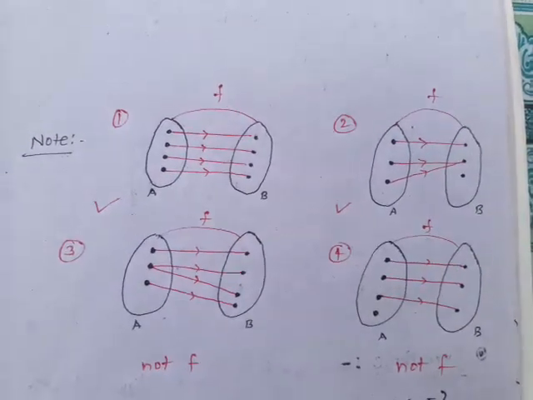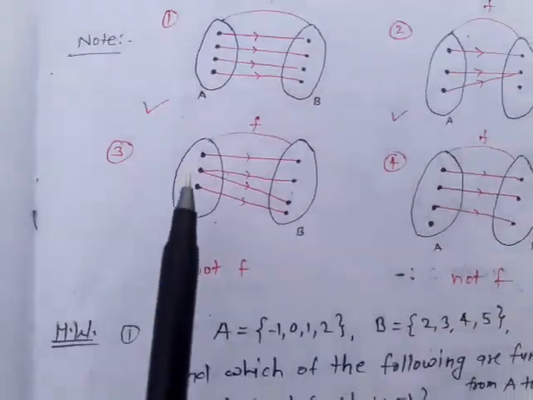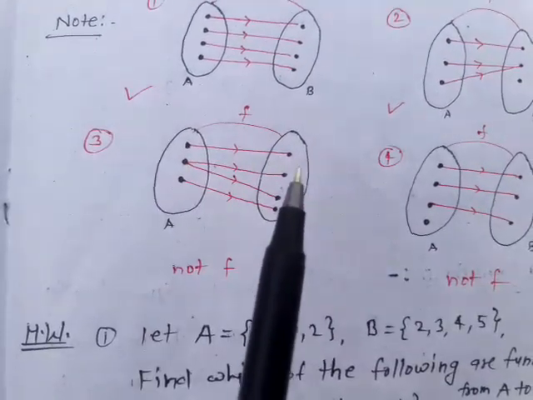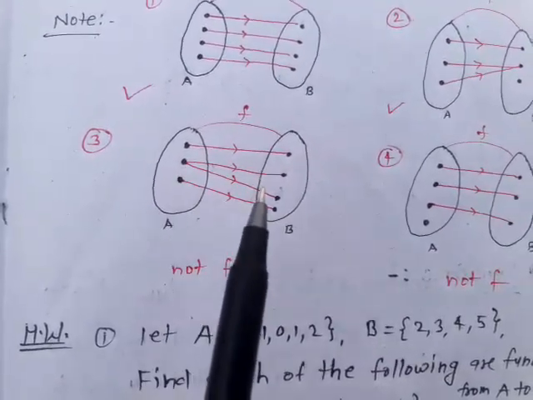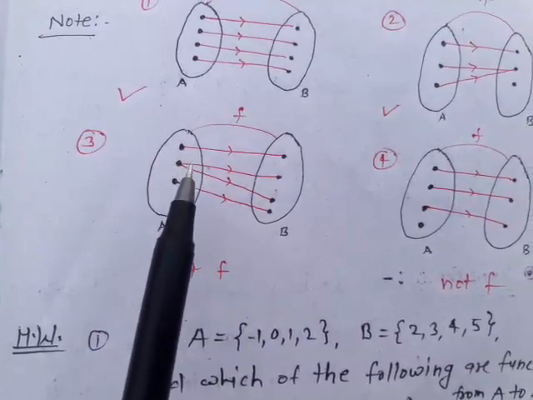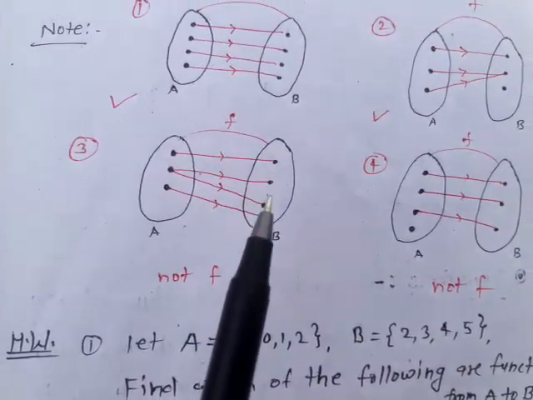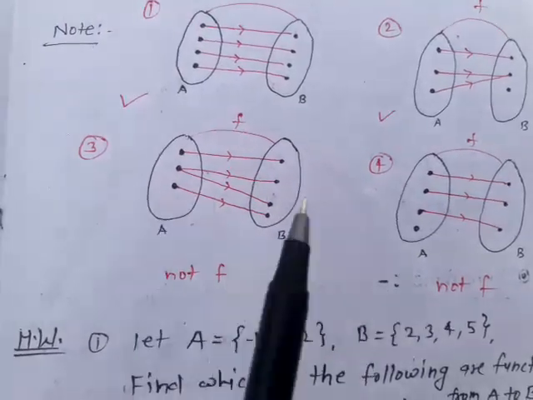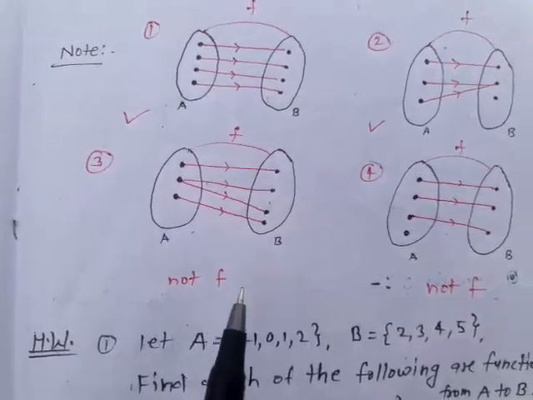For this element we get two images, this one and this one, so it is not unique, so it is not a function.